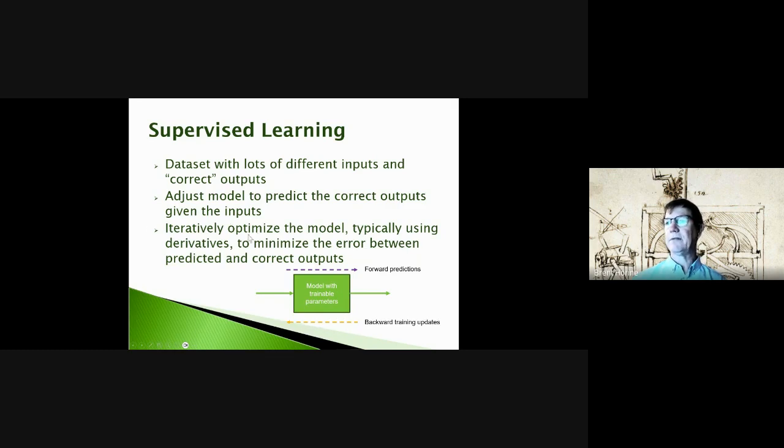We're going to iteratively optimize the model, typically using derivatives of all these functions that are involved in this model, right? And by looking at the derivatives of, let's say, a cost function that is describing how close or how far off we are here, then we're going to figure out how much and what direction to tune any given parameter, right?